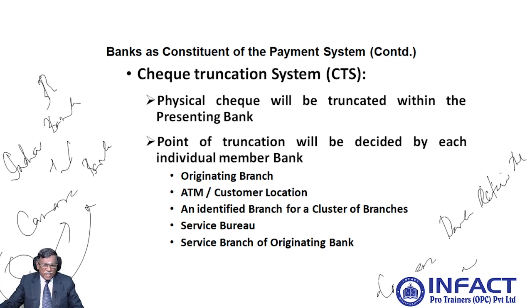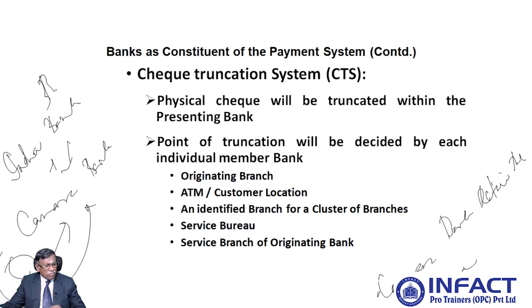In NPCI, all the banks are members and they have their account also with them. That is how the settlement happens between the banks in local clearing, the same way the settlements happen in CTS. The only difference is that there is no manual intervention.